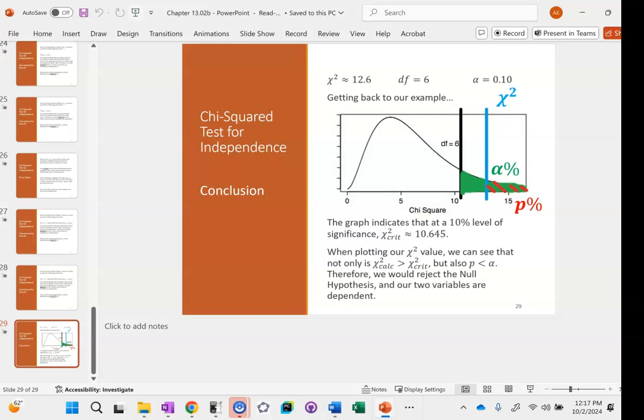Now, when I say variable x and variable y, you have to substitute in the variables in the problem, right? You just can't say x and y. It's like a Mad Lib. You're just filling in the blank there. So if it's shoe size and height, you'd say shoe size and height are independent of one another.